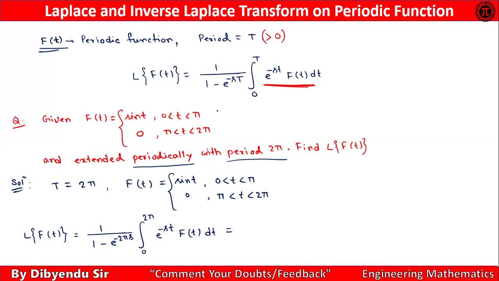Now for this f of t, we have two different values for different regions. In 0 to pi the value is sine t, and in pi to 2 pi the value is 0. So we have to break this whole integration.